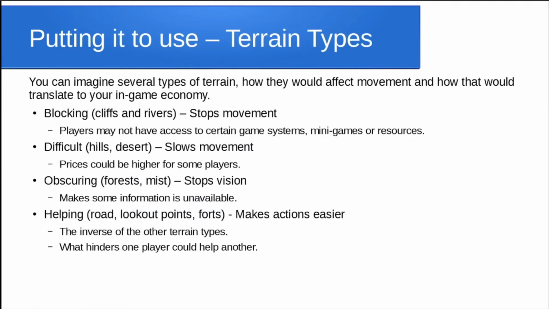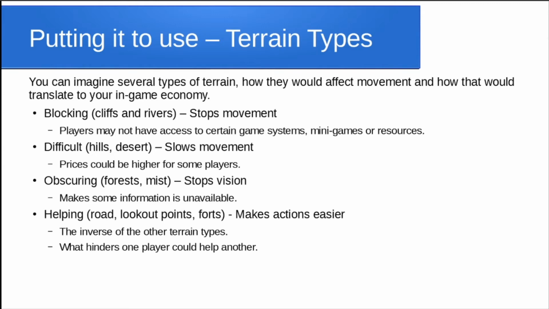The other way: if you imagine terrain, there are different types of terrain. They have different effects on a journey. So we've seen the blocking terrain where it blocks movement, so you can block people from using certain game systems or resources or access to certain mini games. It causes interaction because you need people to help you.